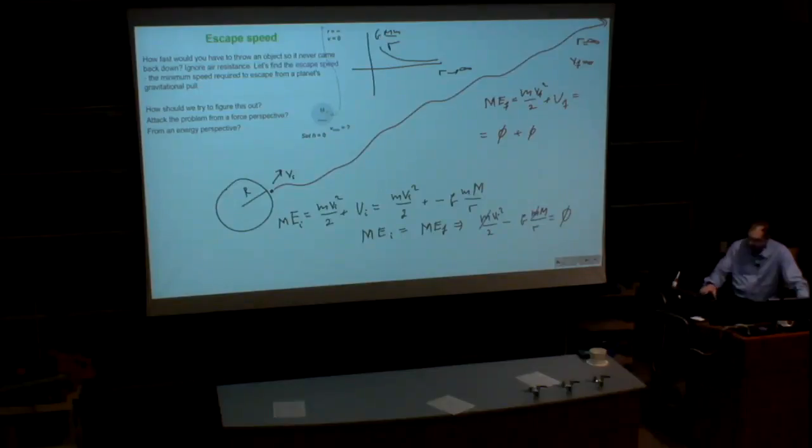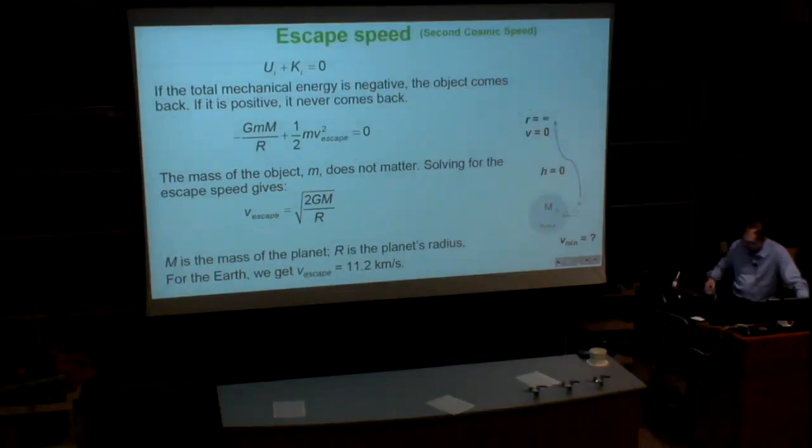And for the Earth, it's about 11 kilometers per second. So to orbit the Earth, you should have 8 kilometers per second or so. Then you start speeding up, travel faster and faster and faster. Your circular orbit becomes elliptical and eventually hyperbolic when you reach 11.2 kilometers and you can fly away.